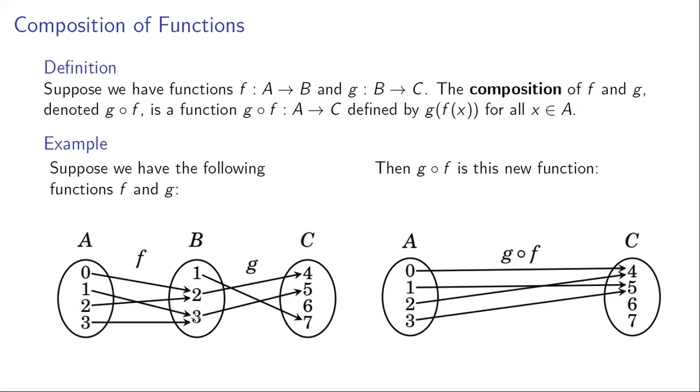Then apply g, so that goes from 3 to 5. So what we have is, for an input of 1, our final output is 5. So for g circle f, the input would be 1 and the output is 5. So again, g circle f means g after f. First apply f, then apply g.